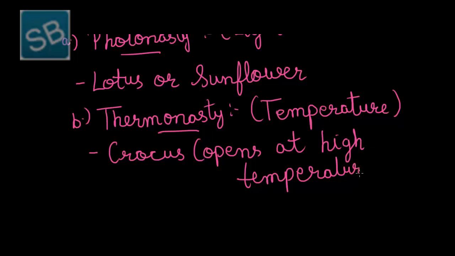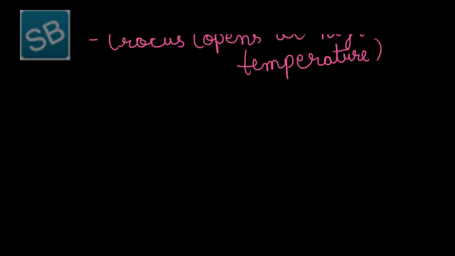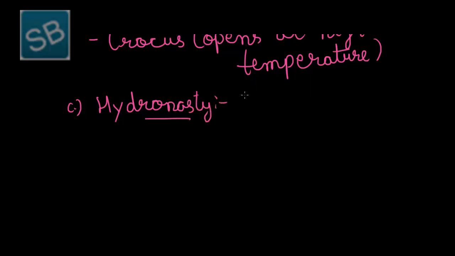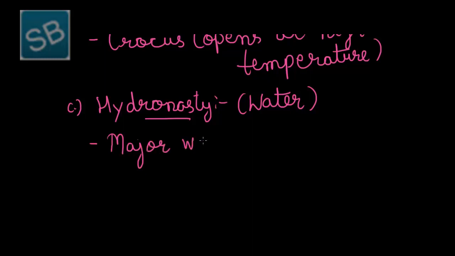The third type of nastic movement is hydronasty. Definitely such a type of nastic movement takes place with the help of water, that is, the external stimulus here acts as water. Here the nastic movement generally occurs with the help of major water flow or rain.